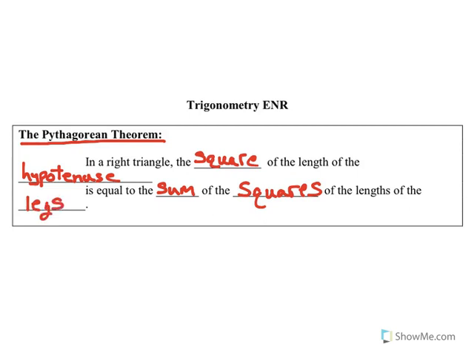So let's go back and re-look at that picture and clean it up a little bit. So again, looking at this picture, for any right triangle you're going to have a right angle. The two sides that form the right angle, we call those the legs.